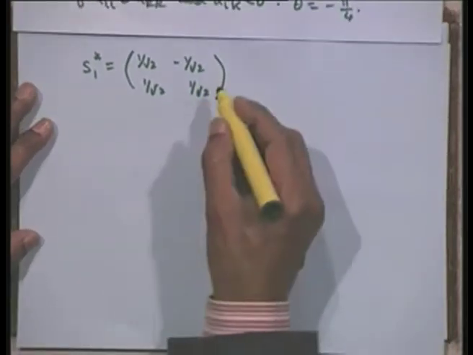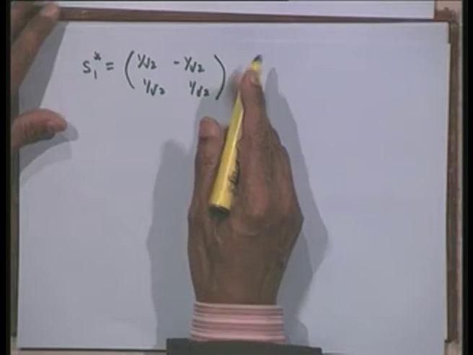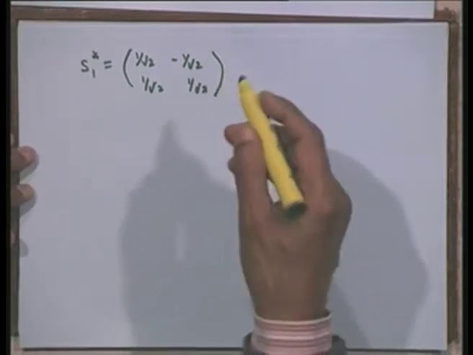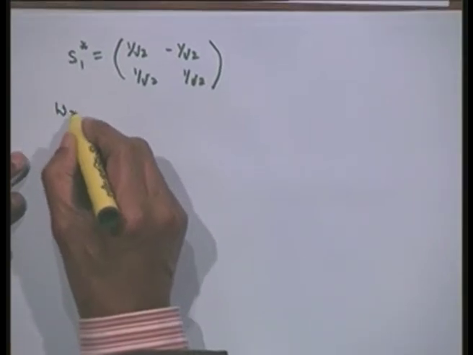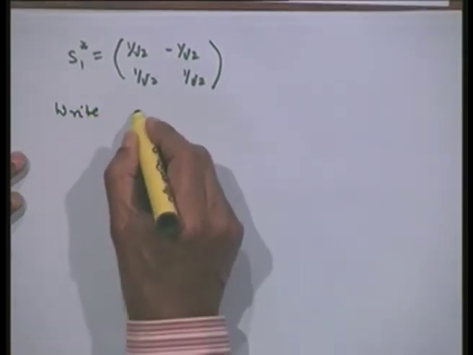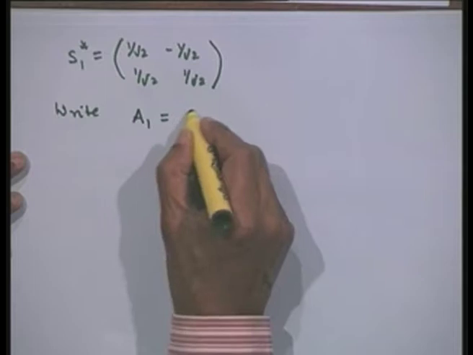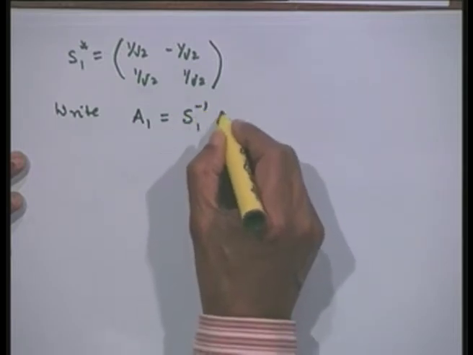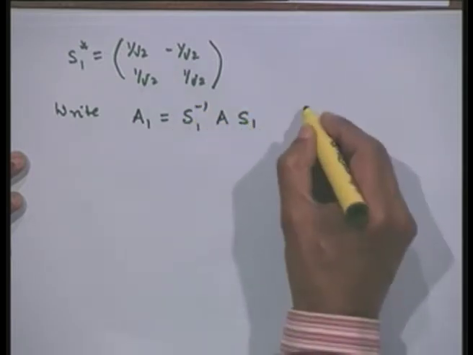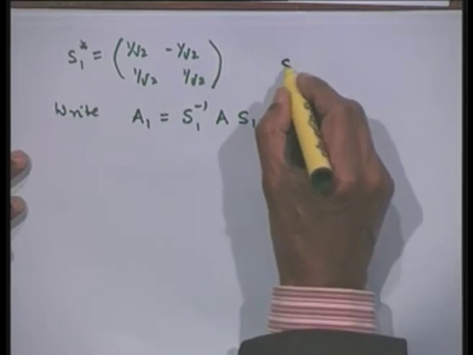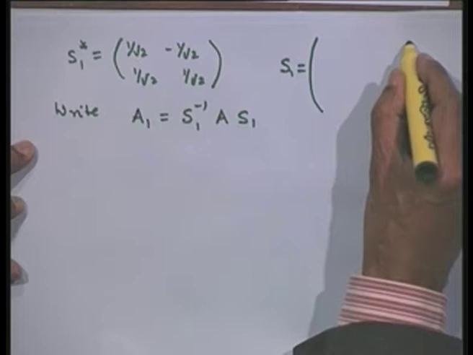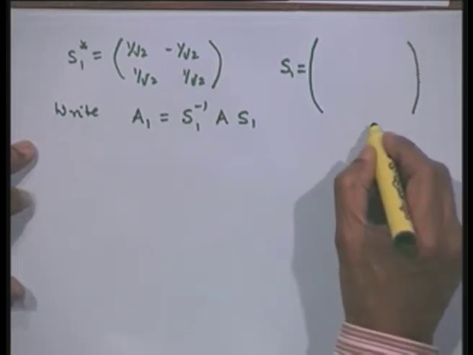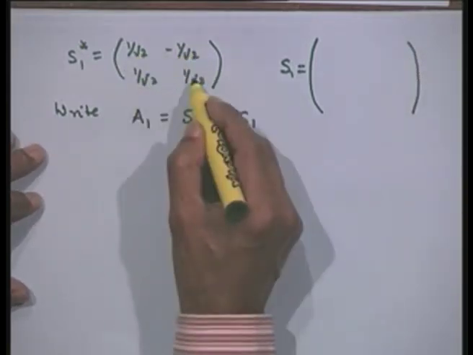Now, once the value of theta is determined, we would like to use the rotation on the whole matrix. Let us write A1 is equal to S1 inverse A S1, where the S1 matrix will be all I except these 4 locations.